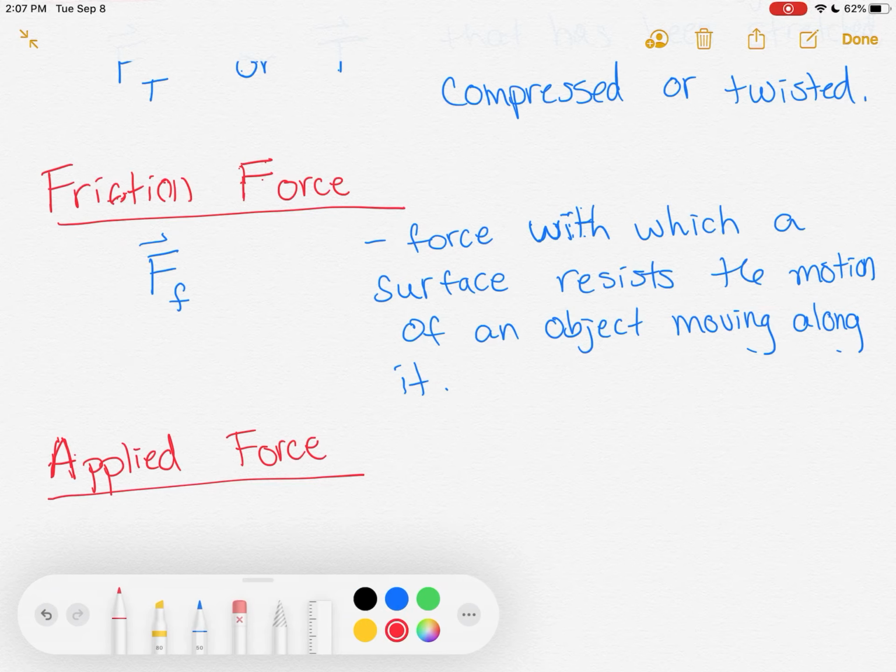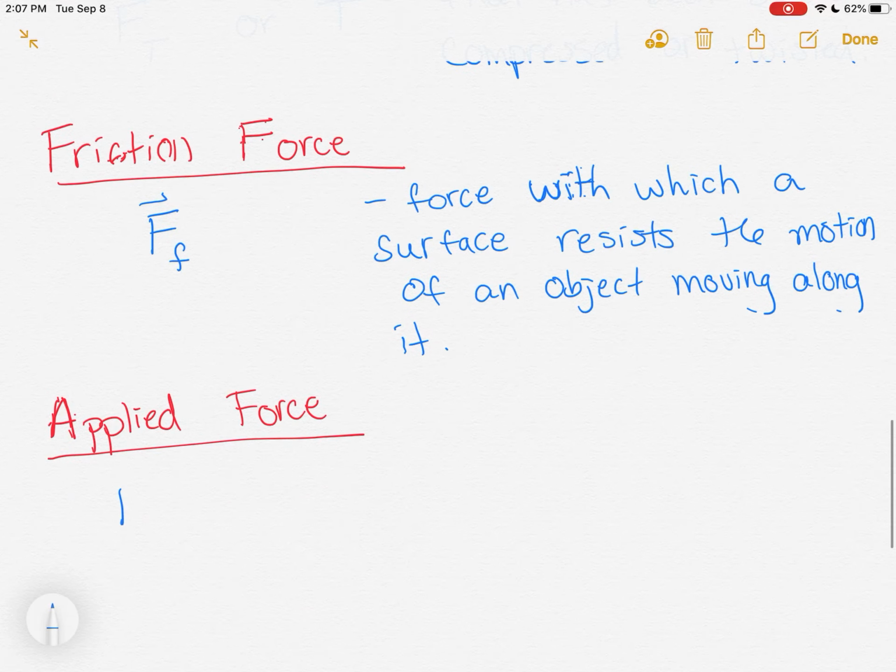Okay, and so our applied force is usually denoted with F app for applied, okay? But sometimes applied force isn't always named applied force.